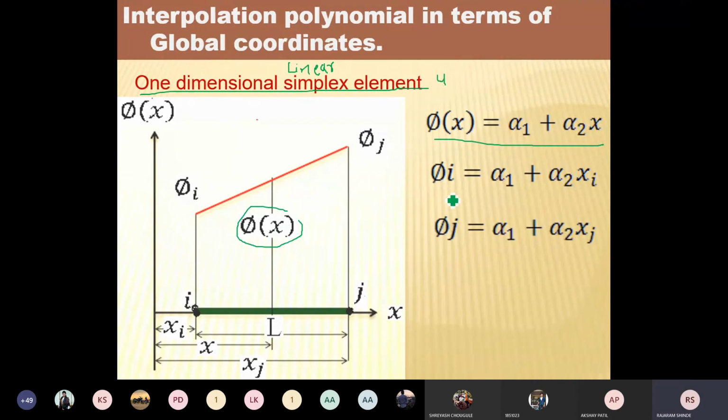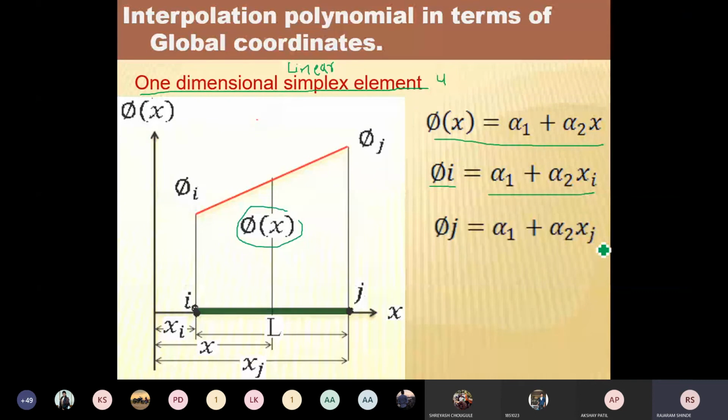At node i, phi i is the field variable, so phi i equals alpha 1 plus alpha 2 xi. Similarly at node j, phi j equals alpha 1 plus alpha 2 xj.